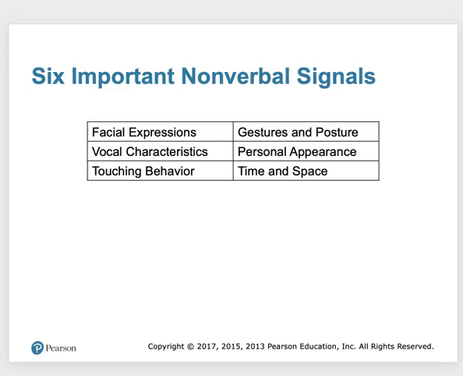So inasmuch as what you have on might be comfortable for you and might be the norm in the world that you live in, it doesn't necessarily mean it's the norm in the person's world that you're interacting with, especially in the business environment.